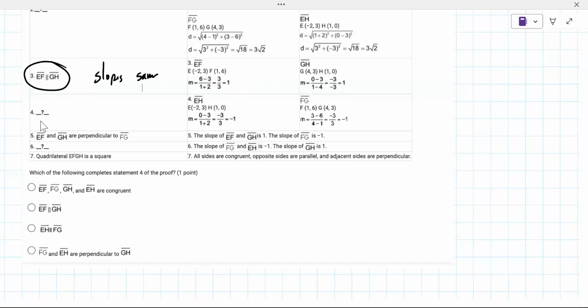So EF and FG. Wait 1 second. Let me take a look at it.